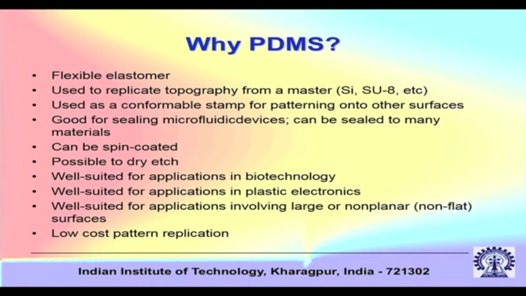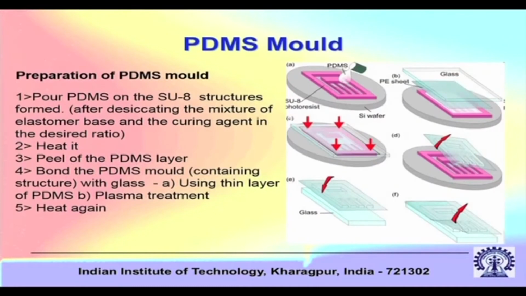We will come to the concept of clean room later. So you can do the soft lithography process in a clean room free environment. Literally it is not clean room free, because the mask that you have made requires a clean room, but once you make a mask you can replicate it to make several structures using PDMS. So you can have low cost pattern replication.